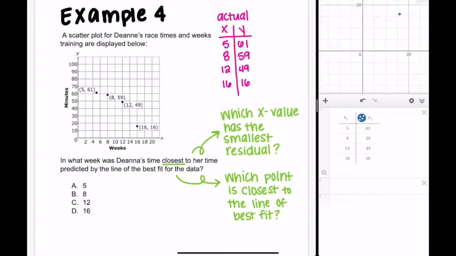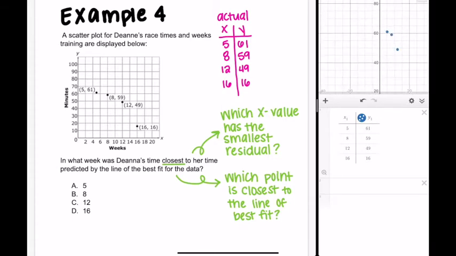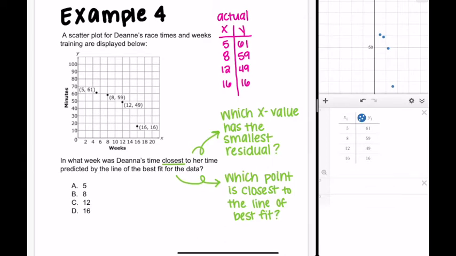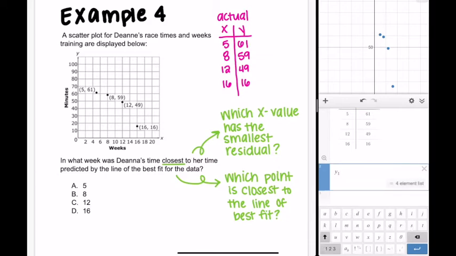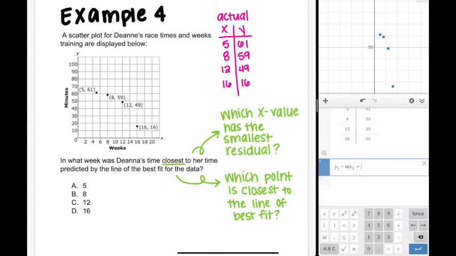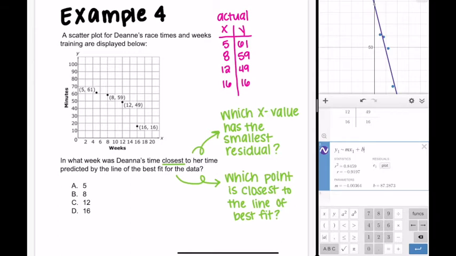I'm going to zoom out in Desmos until we can see those points. There they are. And I'm also going to tell Desmos to give me the line of best fit. From here, what we're looking for is which one of these points is closest to the line.